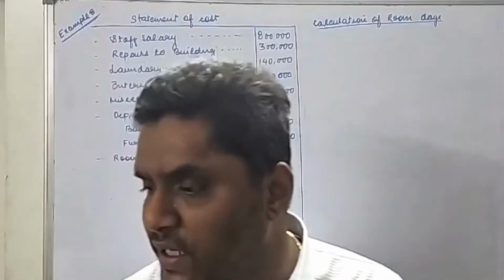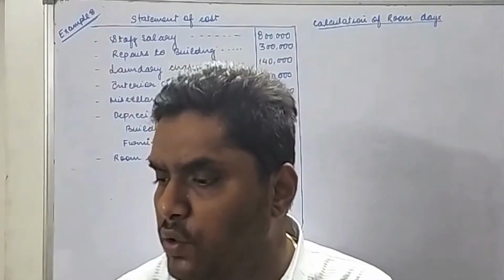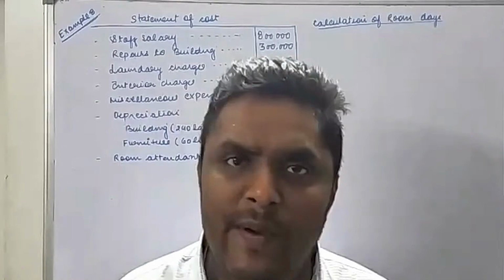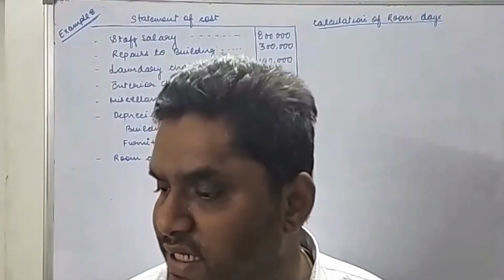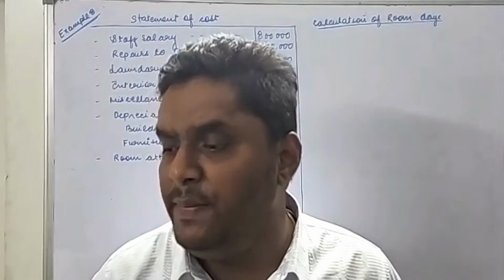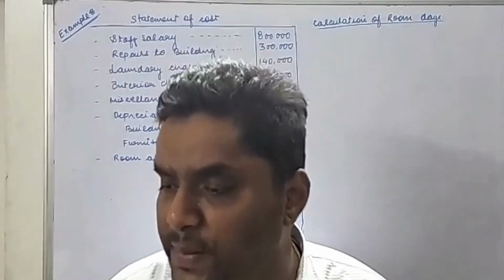Herein it is given in the question that the hotel has 200 rooms, and the season period is 6 months and the off-season period is also 6 months. The occupancy during the season is 80% and in the off-season it is 40%.